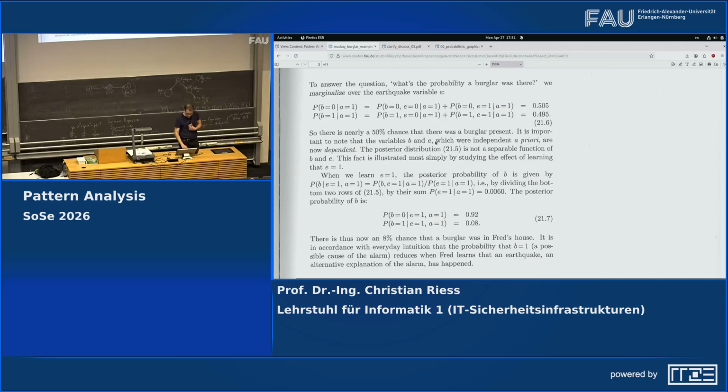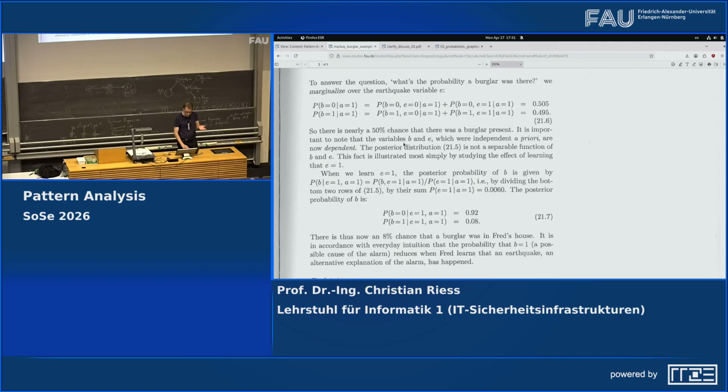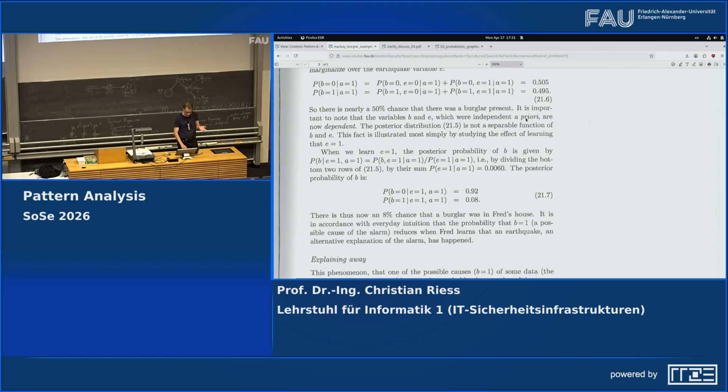It is important to note that the variables B and E, which were independent a priori, are now dependent. The posterior distribution is not a separable function of B and E. This fact is illustrated most simply by studying the effect of learning that there was indeed an earthquake. So what happens now if we have that earthquake?